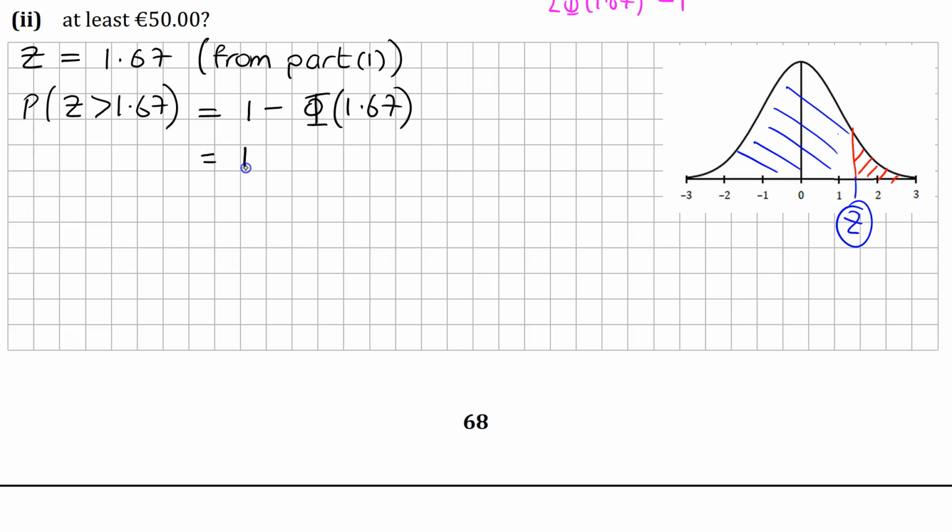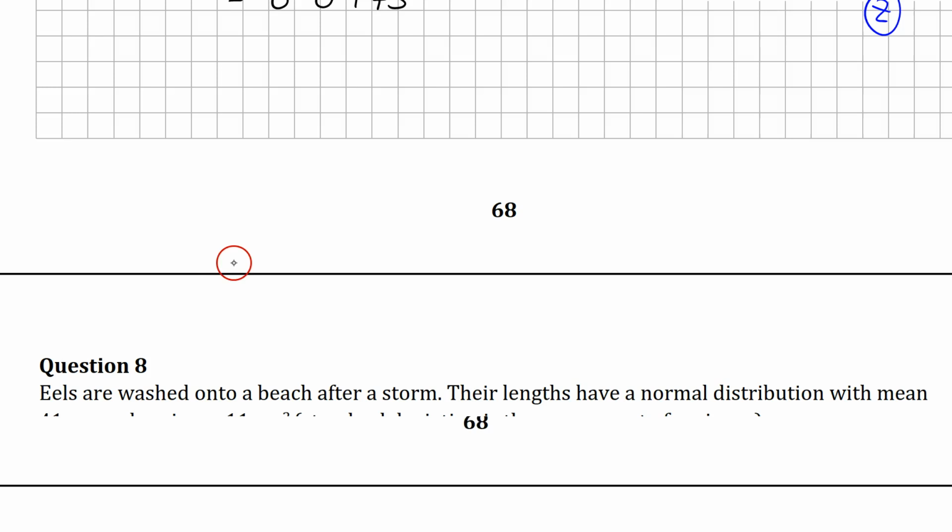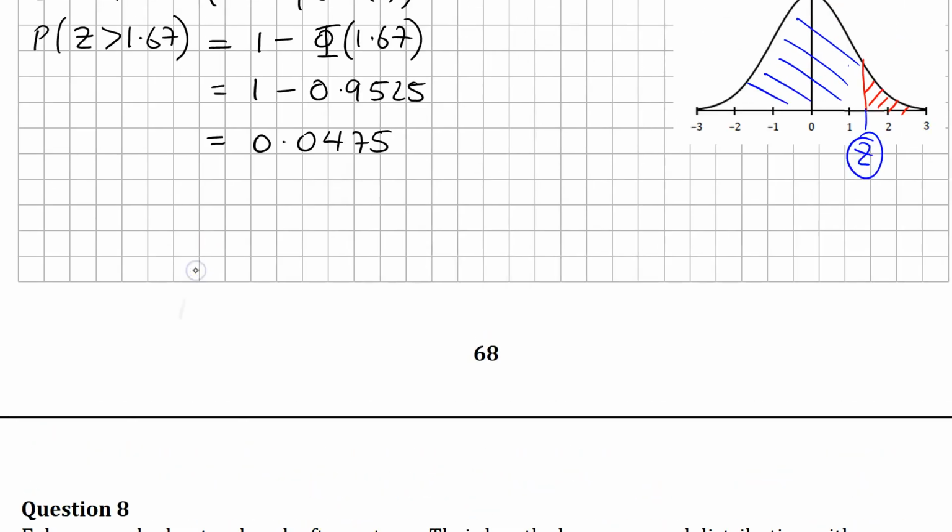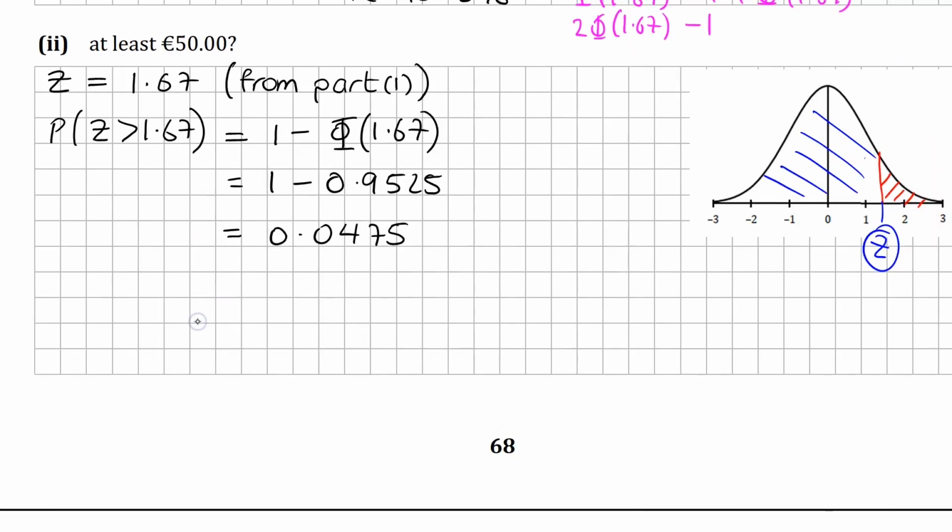So this is equal to 1 minus 0.9525, which we've looked up before, so we get 0.0475. As a percentage, this is approximately 4.75% of the time, which is not too often.